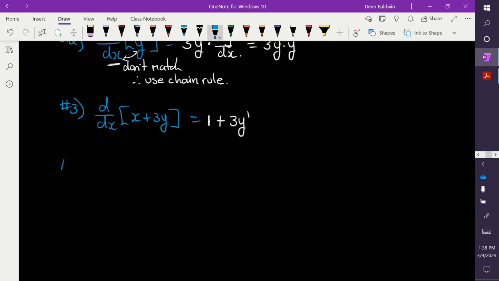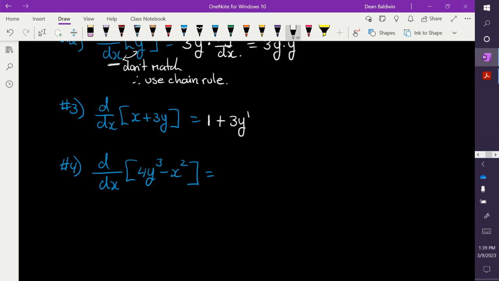Okay, we'll do another one. The derivative of 4y cubed minus x squared with respect to x.